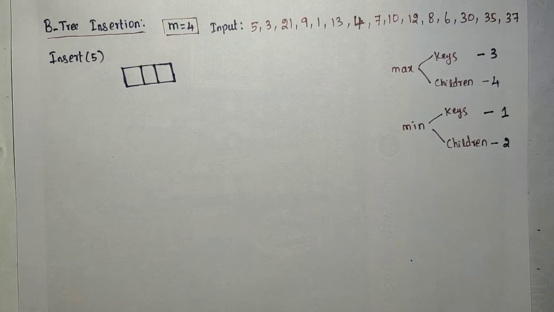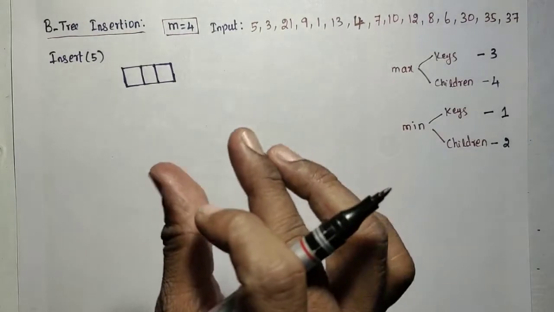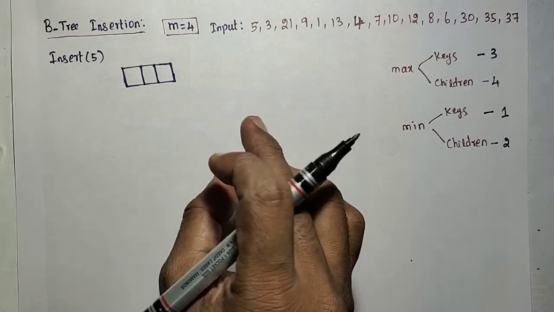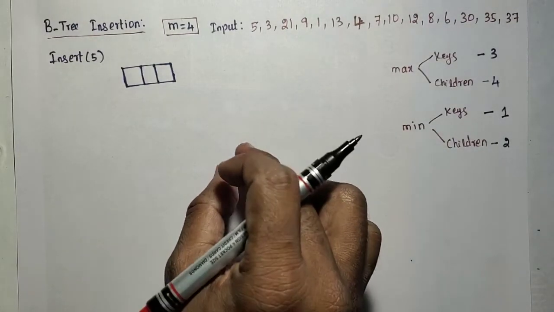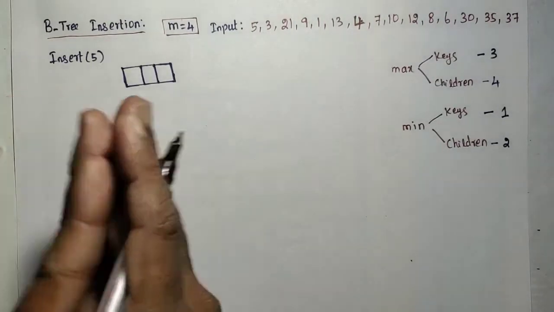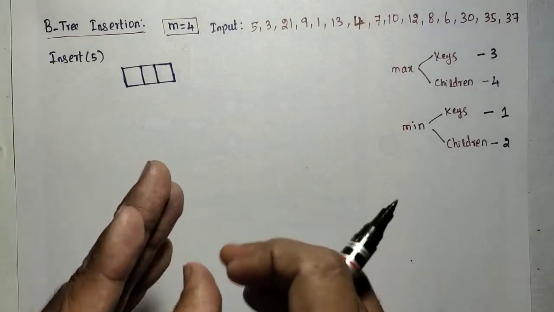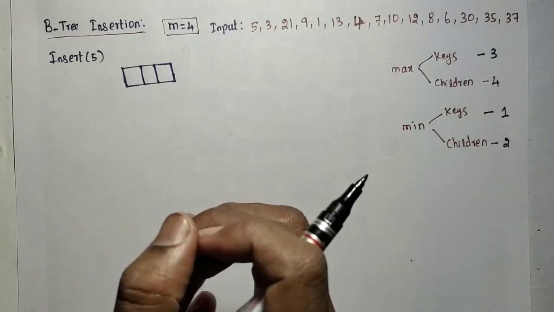Once we find that leaf node, we look for whether space is available in it. If it is available, the element can be inserted in that leaf node. If the space is not available, we need to go for the procedure of split and increase level.